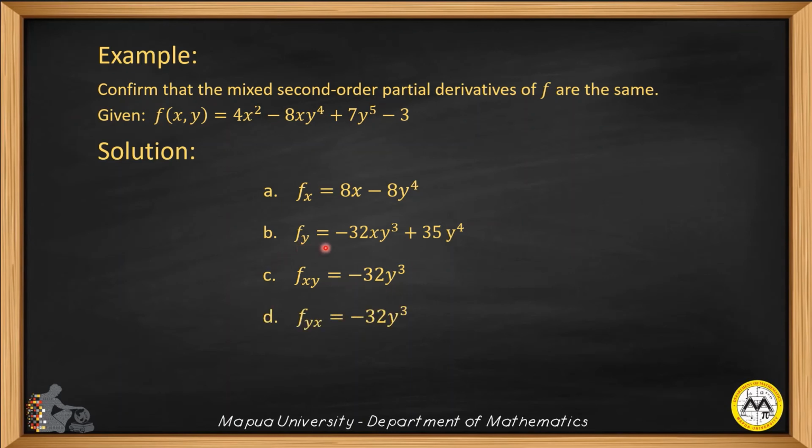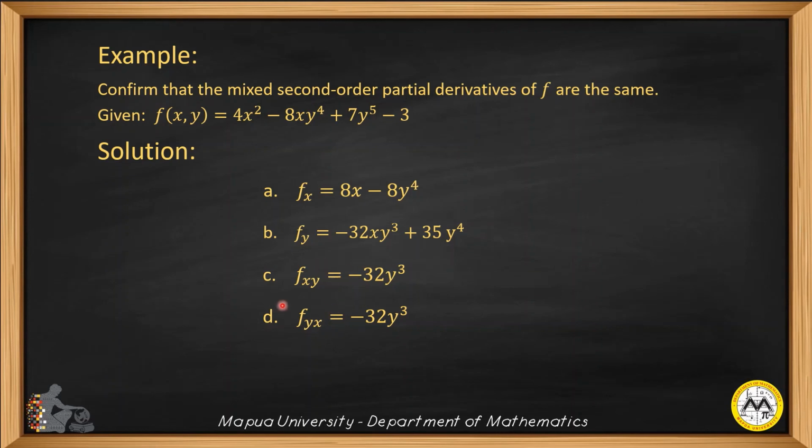Now, as to the result of the first partial derivative of f with respect to y, when you differentiate this result again with respect to x, you define the second partial derivative of f with respect to yx. Okay? So when you differentiate partially with respect to x, you will be treating y constant, and therefore the partial derivative of the first term would just be equal to negative 32y^3, and the partial derivative of the second term with respect to x would be 0.